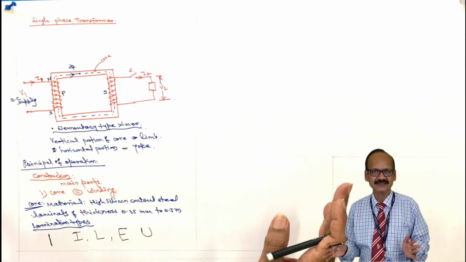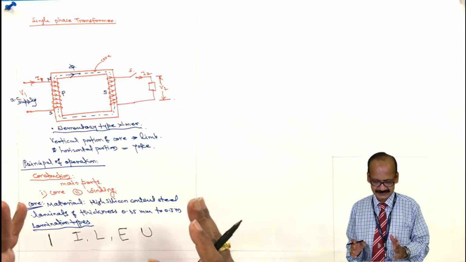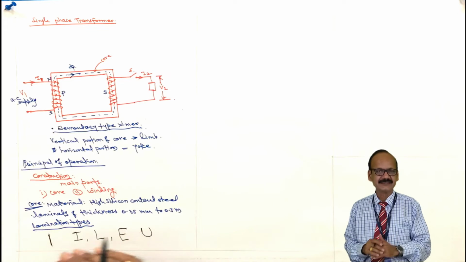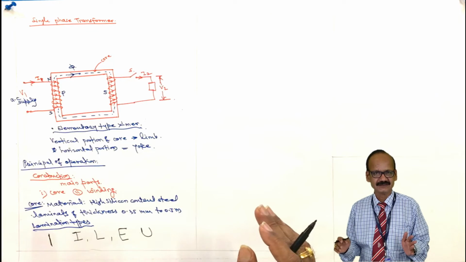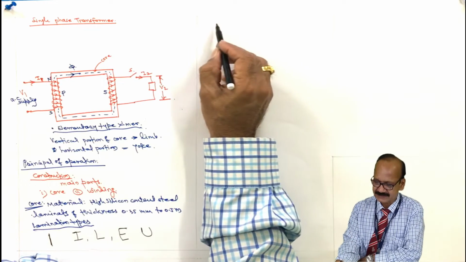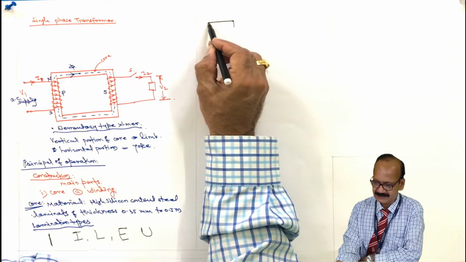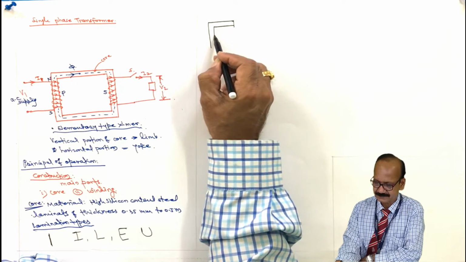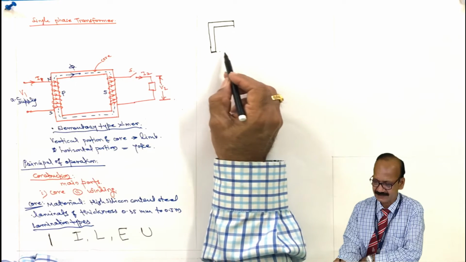These laminations are insulated from each other by varnish, and the laminations are staggered. What is staggering? Say this is the L section. This is the first layer.